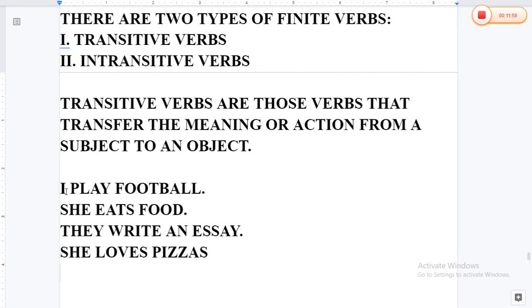I play. What do you play? What do you eat? Or what does she eat? What do they write? What does she love? So when you answer this question of what, you will get the object.